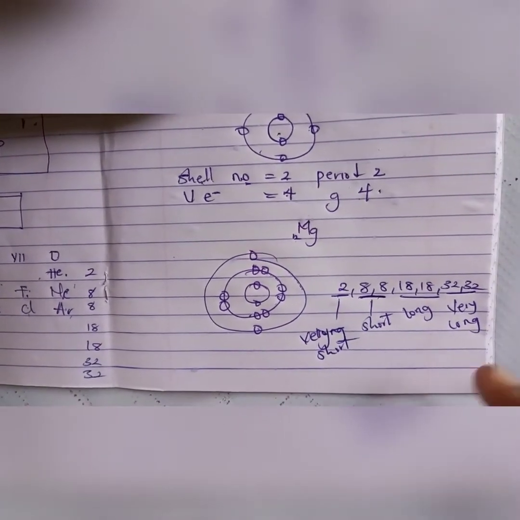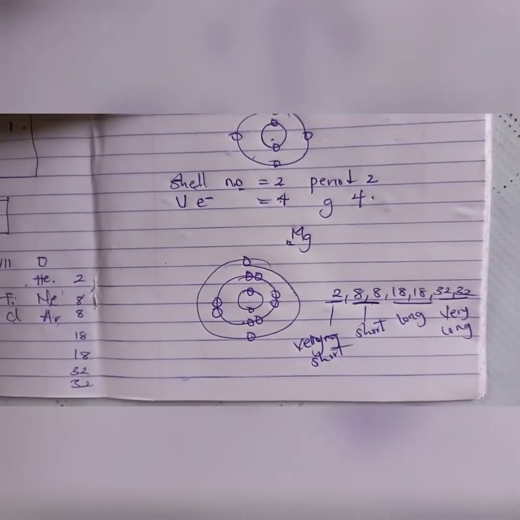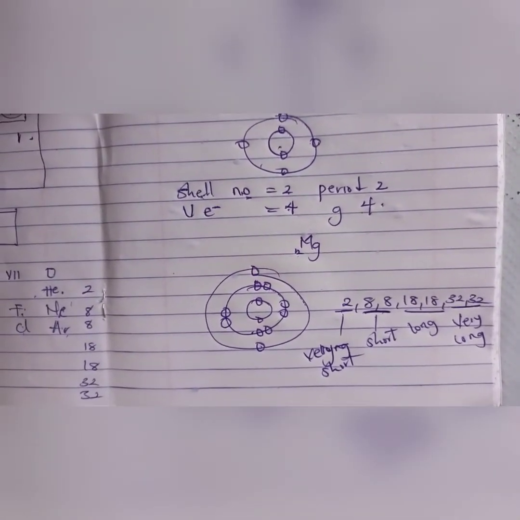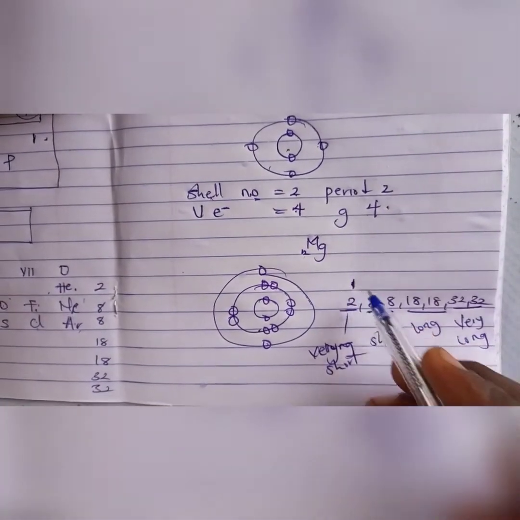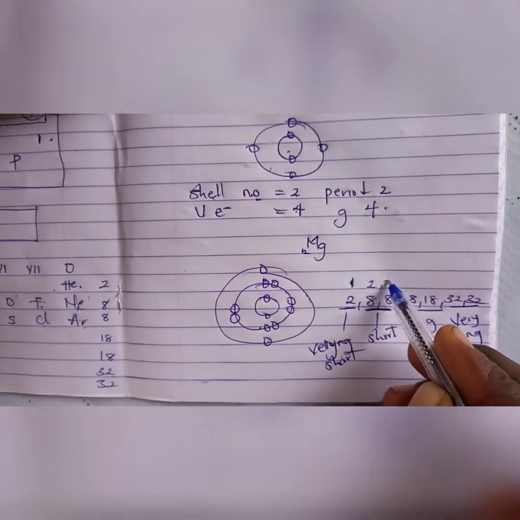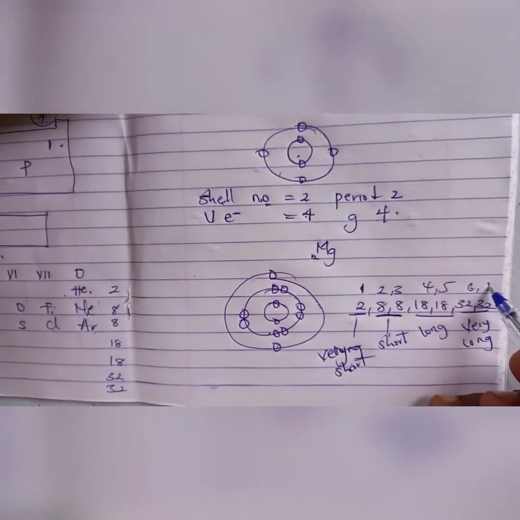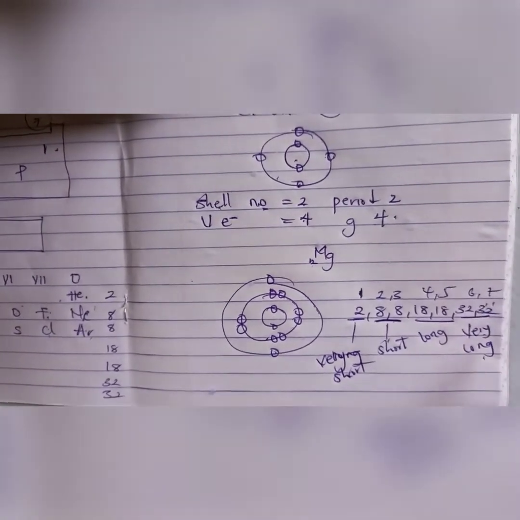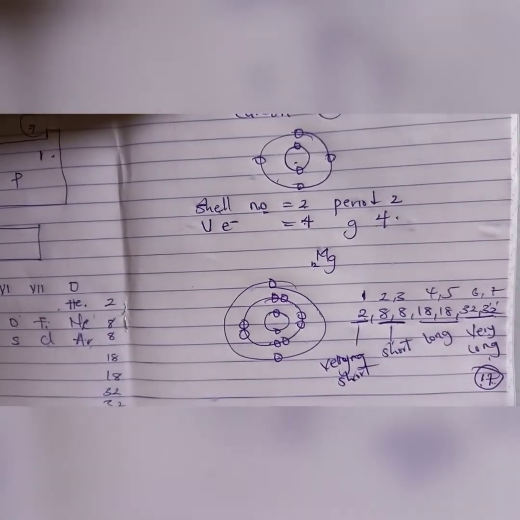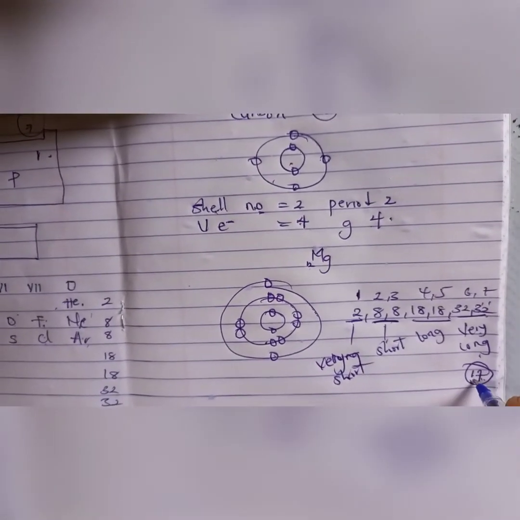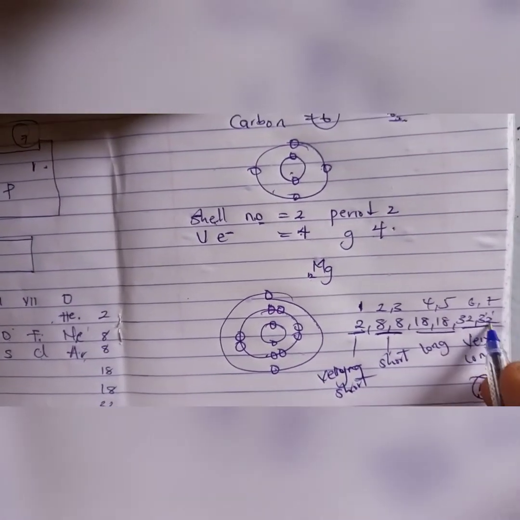So if you have something like this, 2, 8, 8, 18, 18, and you are asked in your exam which period is short, just know that period 1 is very short, period 2 and 3 is short, 4 and 5 is long, 6 and 7 is very long. But period 7 most of the time has 17 elements. So we can also say 2, 8, 8, 18, 18, 32, 17.